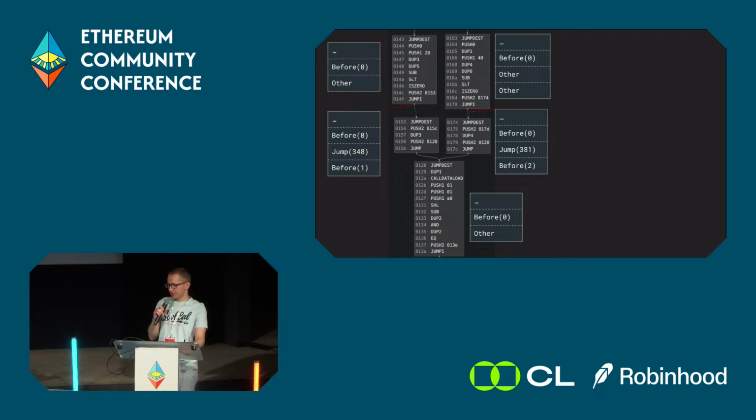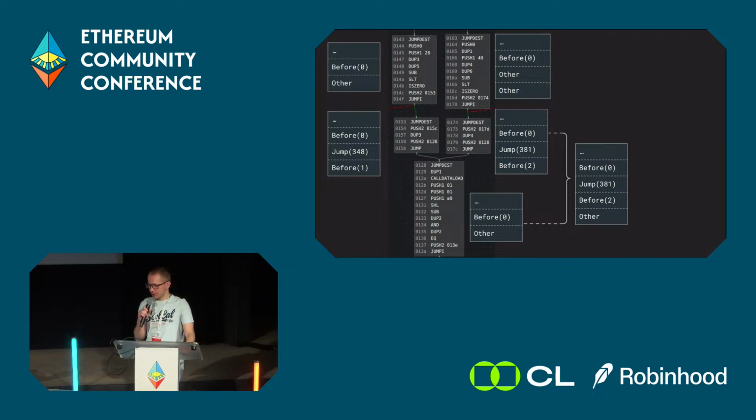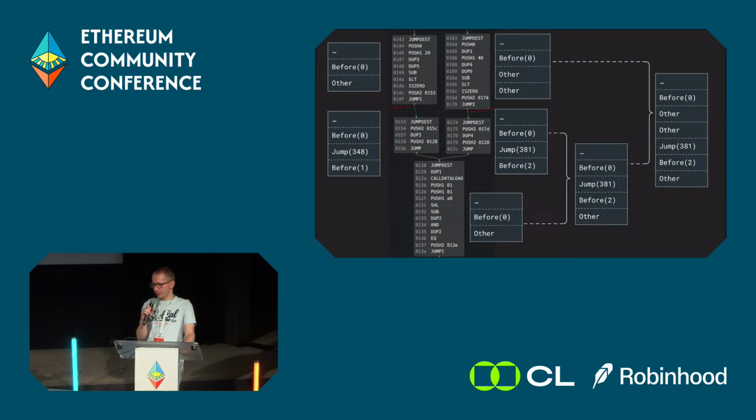It depends on the previous, and some depends on the previous, but we can combine them because, as you can see, before 0 now becomes before 2, because we take the first element of the previous stack and so on. By combining all that, we can explore our parent blocks and get the final symbolic stack result.